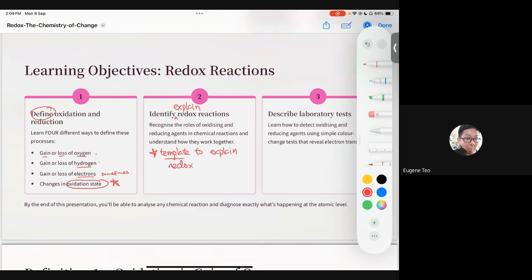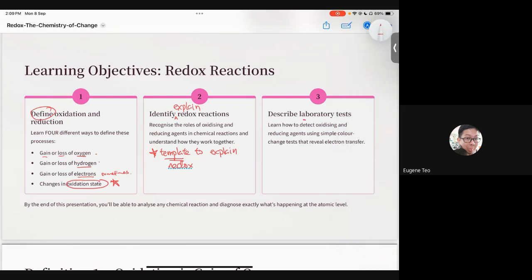So there is a standard way to explain redox reaction. We are going to use this template to explain redox reaction. And the last one, we look at the lab test. The lab test is really looking at the oxidizing agent.